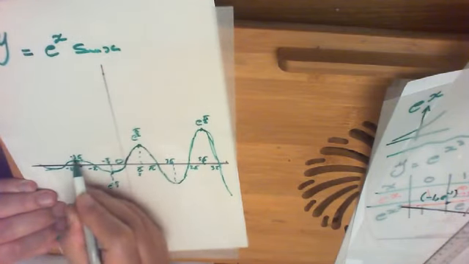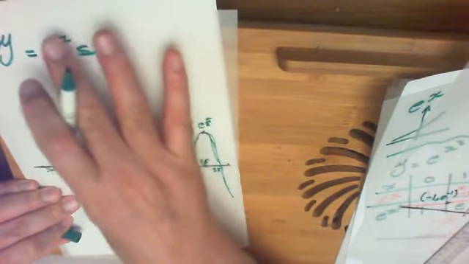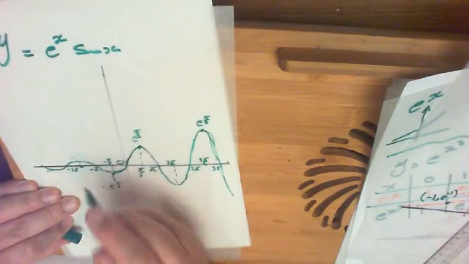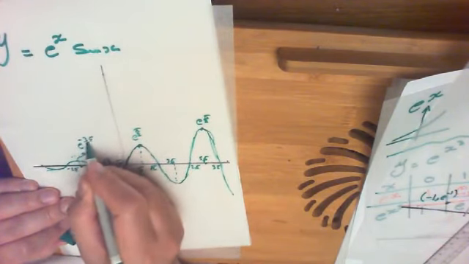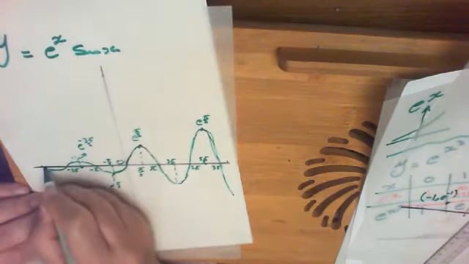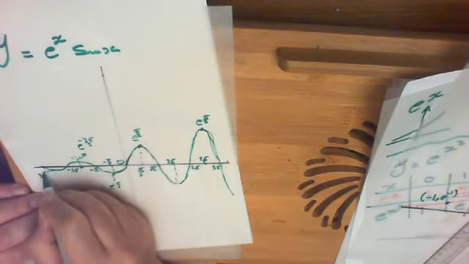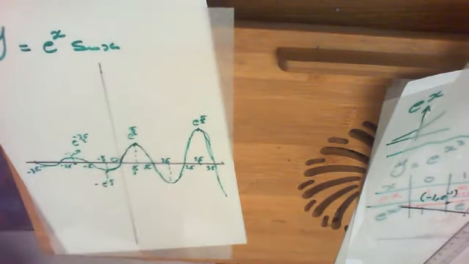At x equals minus 3 pi by 2, y is e to minus 3 pi by 2, and so on.